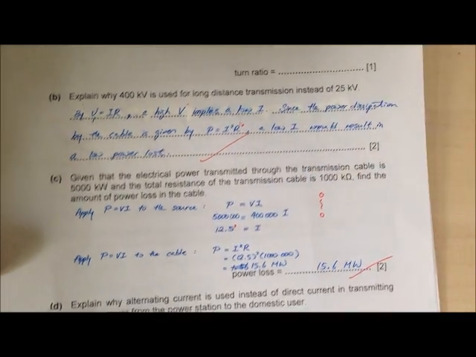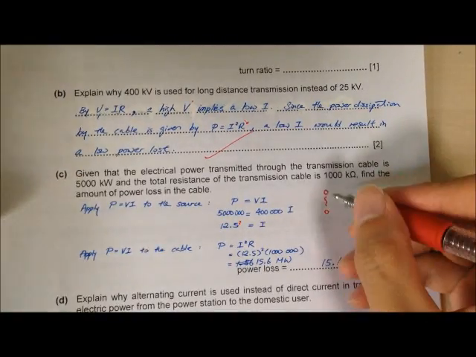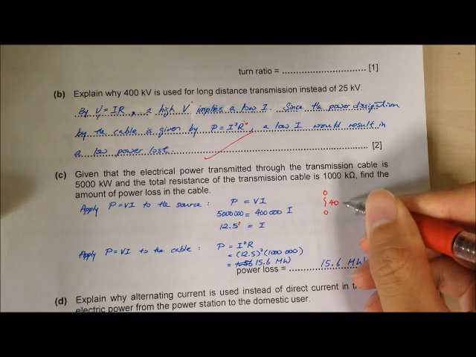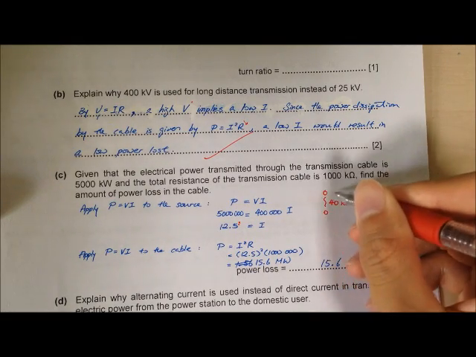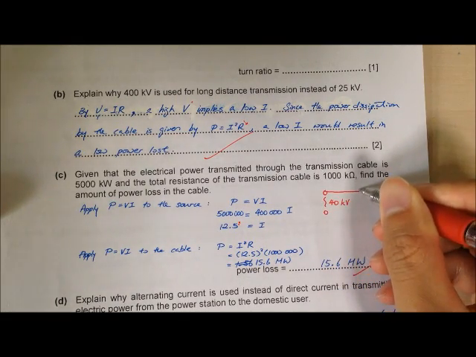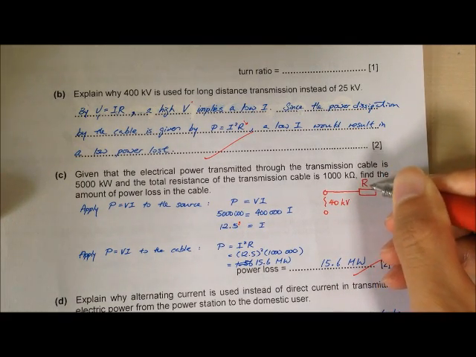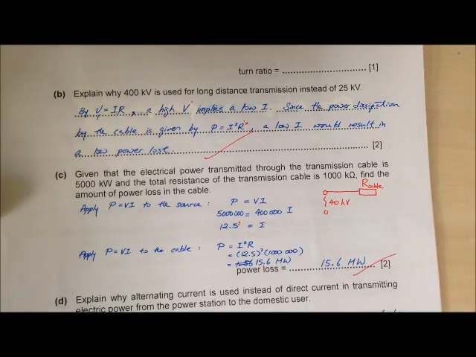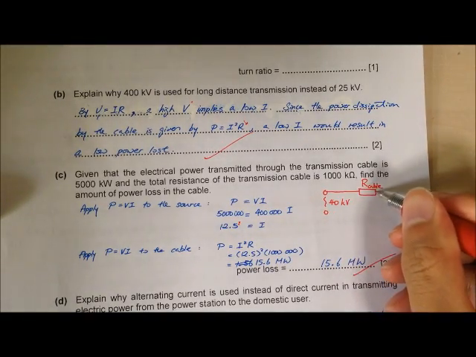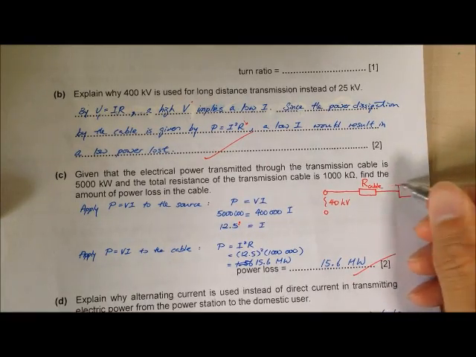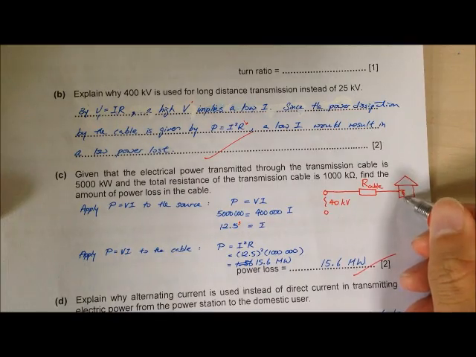So now that is the point whereby a lot of you may ask me, okay, so now I know that my supply is 400 kilovolt, and then after that it's going through some cable, so I take this as my cable resistance. So you have some cable resistance, and then it goes to my house, which basically has some appliances here, and then it flows back.